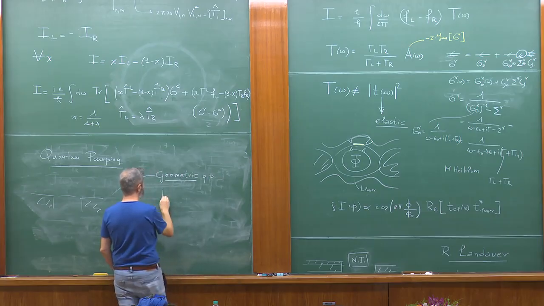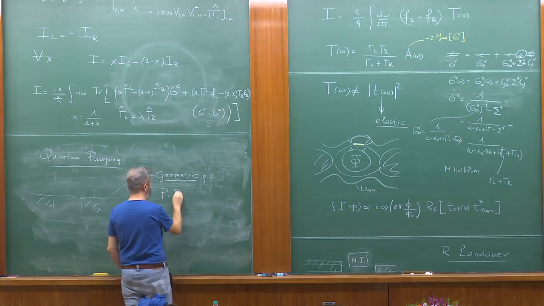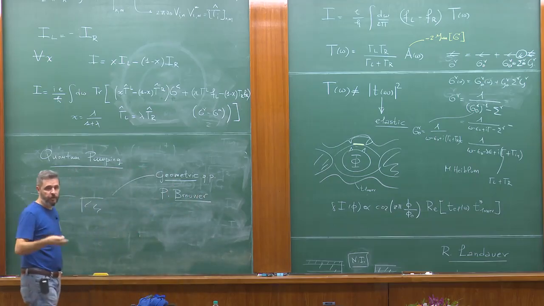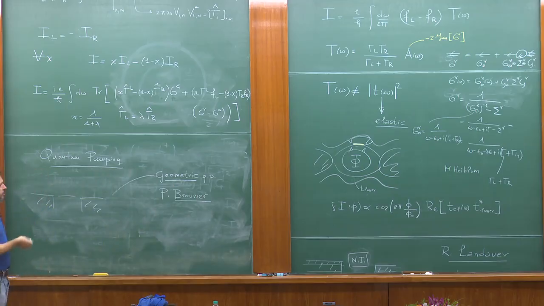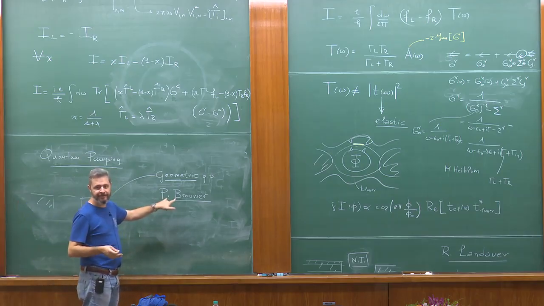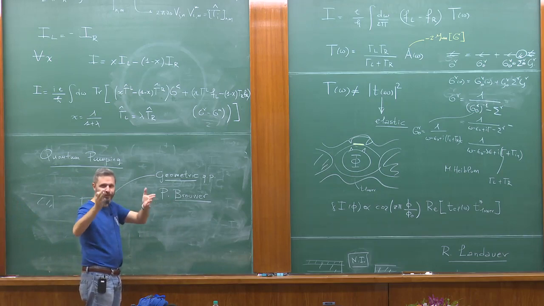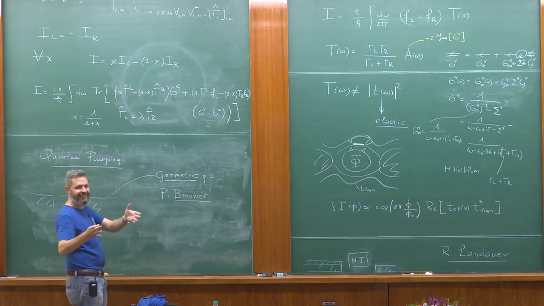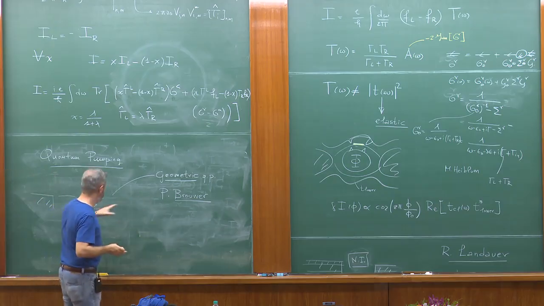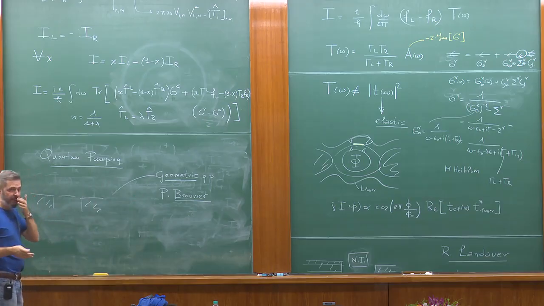It was a major achievement of Pete Brouwer, who discovered a formula that we're going to derive using Keldysh, but he derived it in a different way, when he was just in his first year of postdoc. So now you know what to do, okay? In his first year of postdoc, he had this major discovery. It was really something very, very interesting.